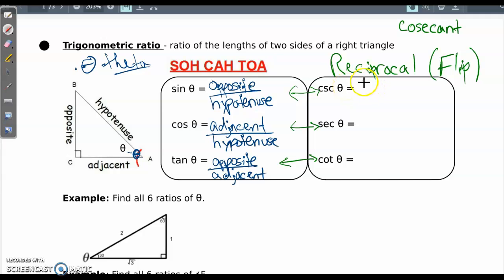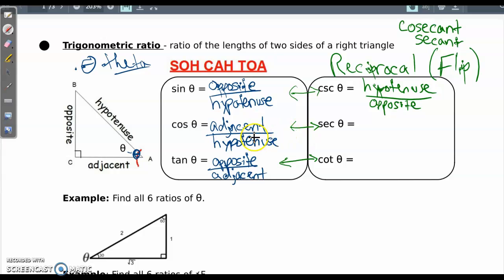And the reciprocal is the hypotenuse, the flipped, divided by the opposite side. SEC stands for secant, or the complement of the cosecant.